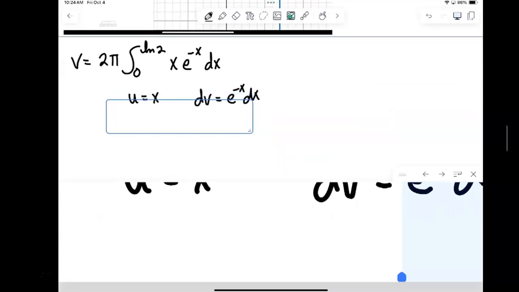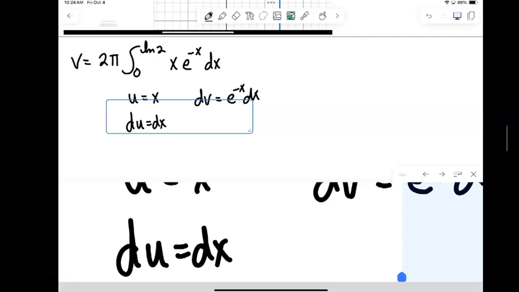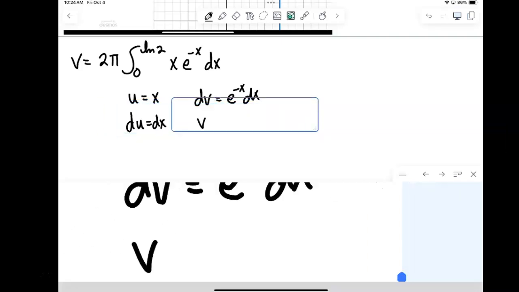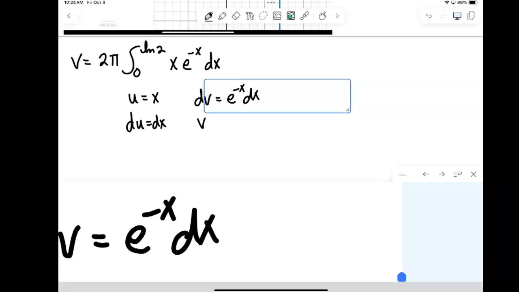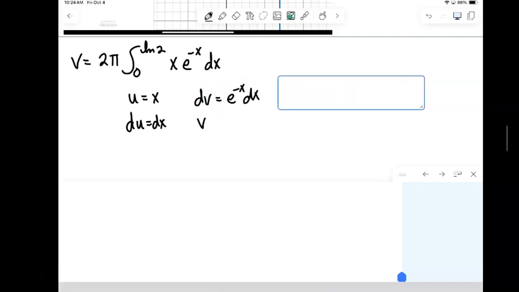So the derivative of x, du, would just be dx. And now to find v, we integrate this. But remember, we're going to have to do a substitution step. u equals negative x, and so du will be negative 1 dx. So we need a negative 1 to go with our dx. And then it's just going to be e to the u du, which will just be e to the u.